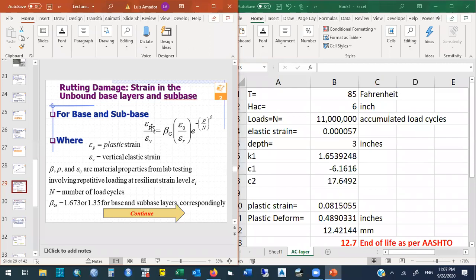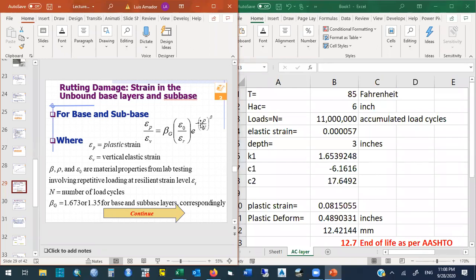Okay, so we have a similar equation. We have the plastic strain, and then we need the vertical elastic strain on the base or subbase. And N, which is the number of load cycles, is here on the power of E. And then we have a bunch of constants. Beta G, which is 167 or 135, depending on whether it is base or subbase.